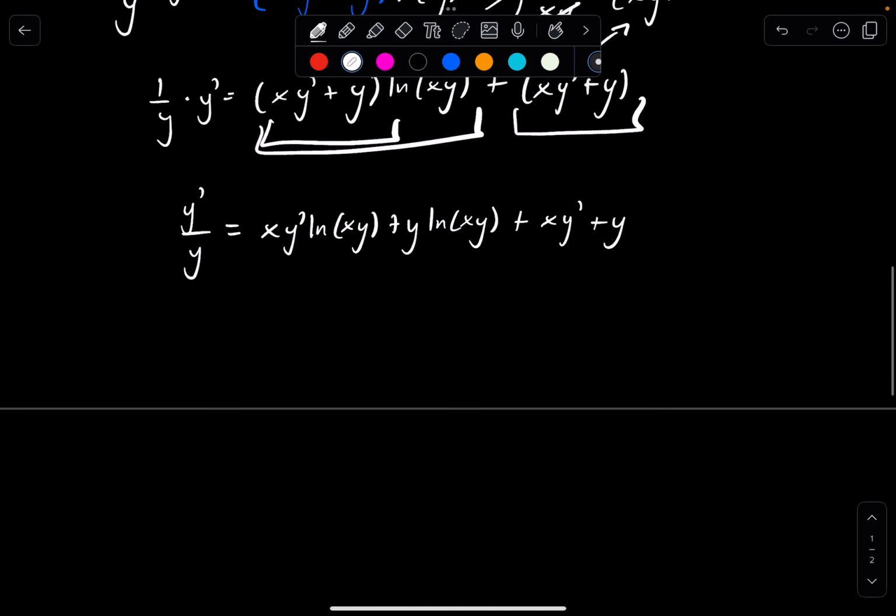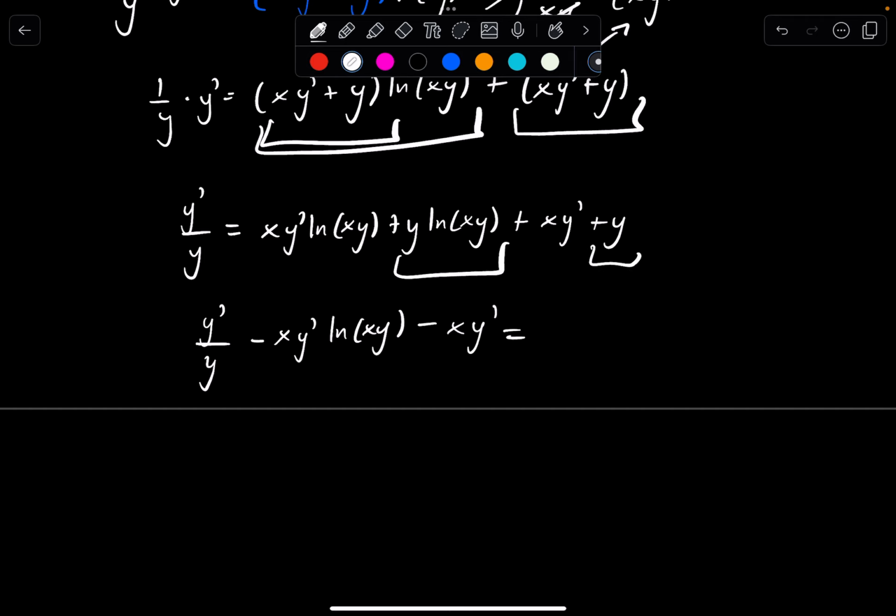And then we rearrange a few things. We have y prime over y minus x y prime ln of xy minus x y prime is equal to, then we just have this and this, y ln of xy plus y.